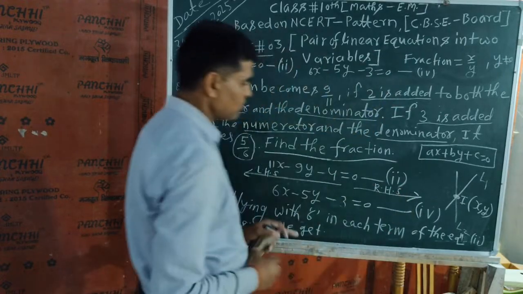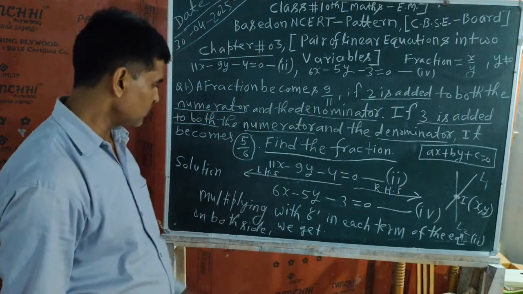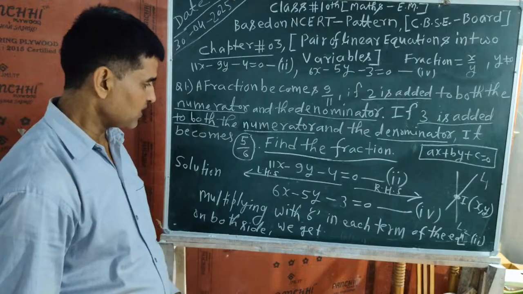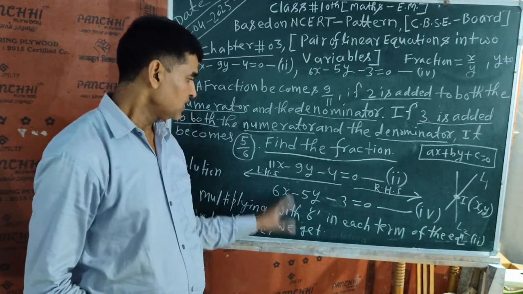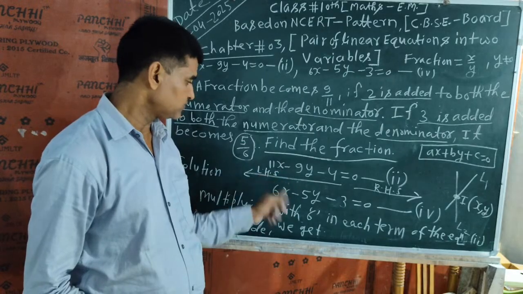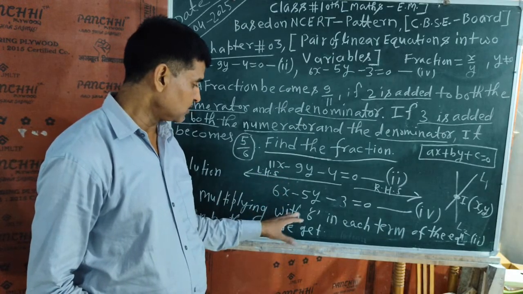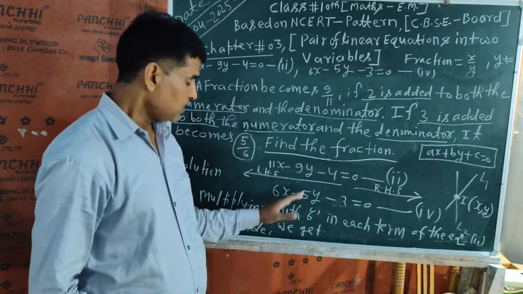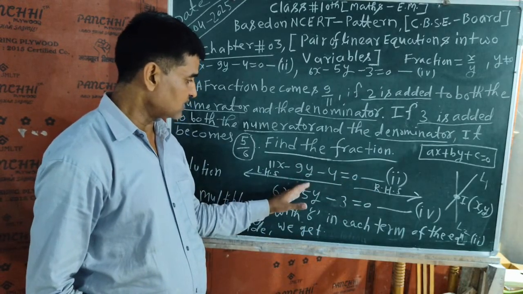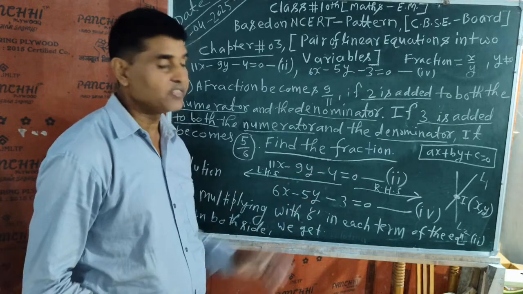So on both sides I will multiply with 6. After multiplication we will use this concept in equation number 2, and after simplifying I will get a result, and that result I will display on the whiteboard.